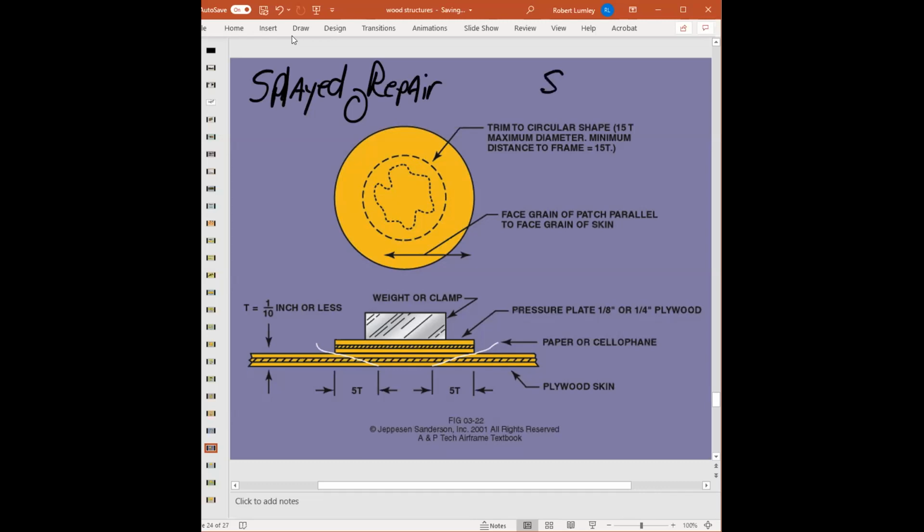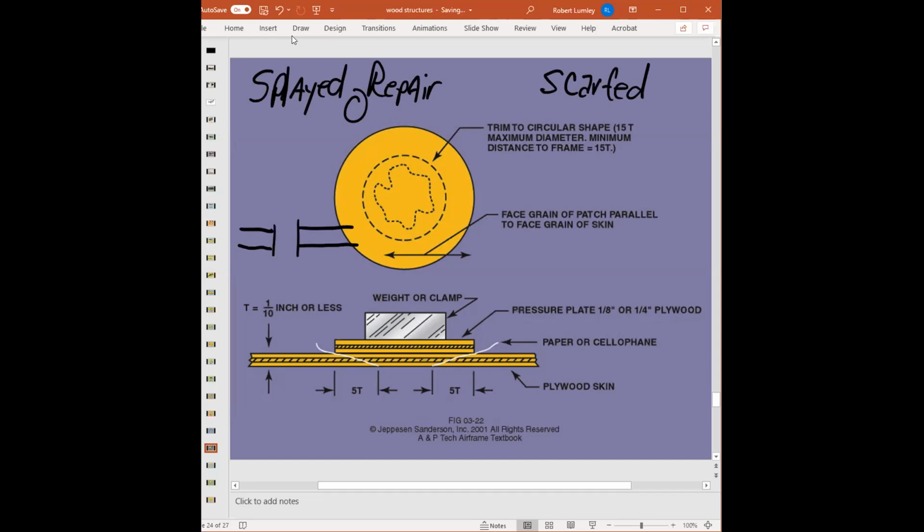And the other one's called a scarfed. Okay. This right here is a splayed repair. So what did they do? If you look here, they basically take the piece of wood, and let's say this was the original opening.